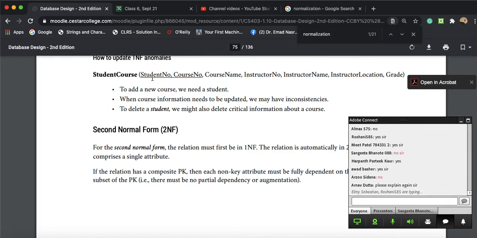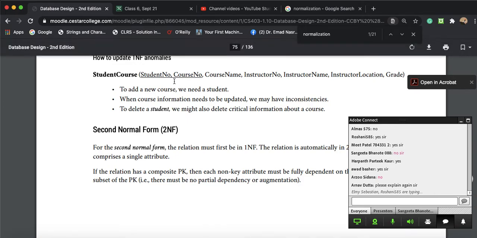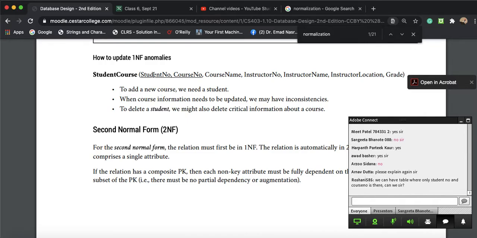We have student number and course number. So every time I want to add a new course, I must put a student number, which is nonsense. I need to add as many courses as I want without referring to students.